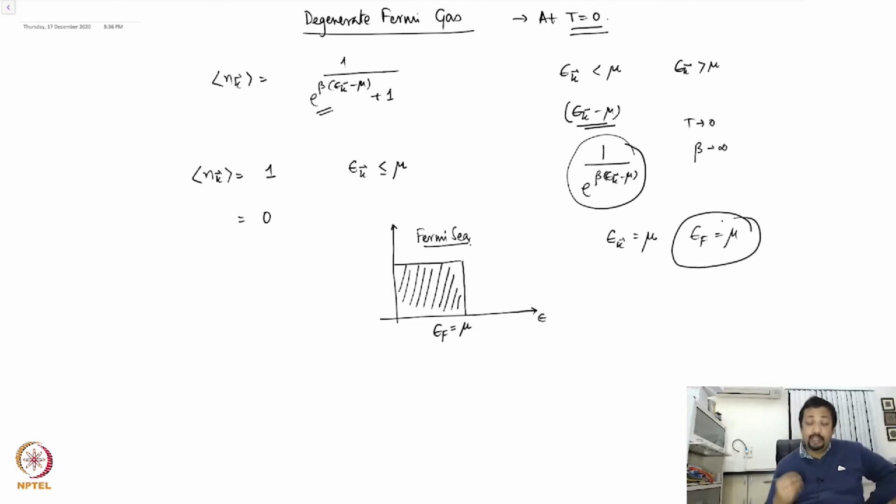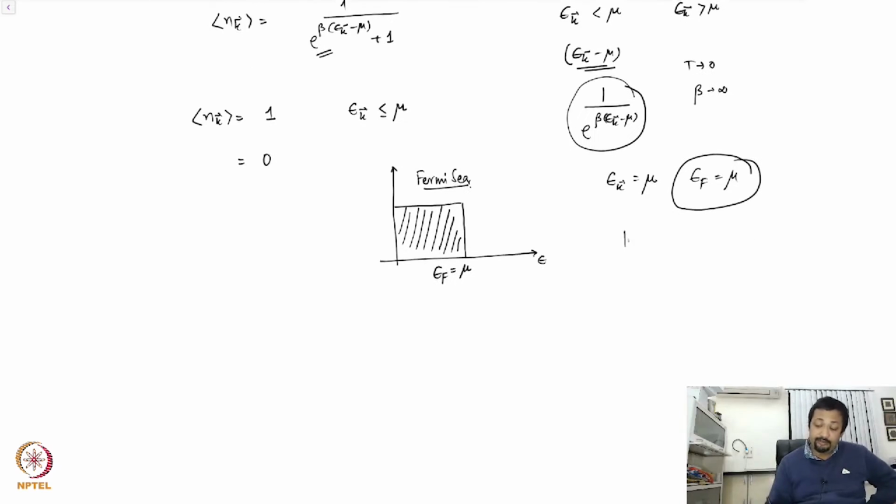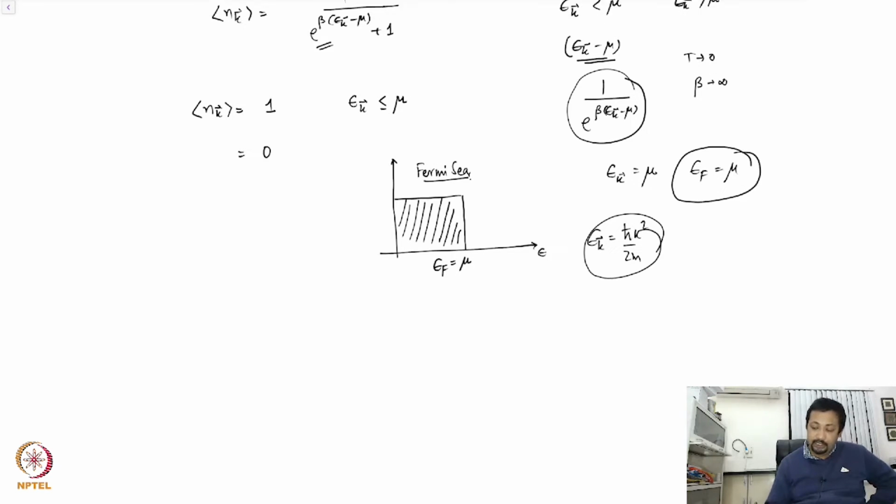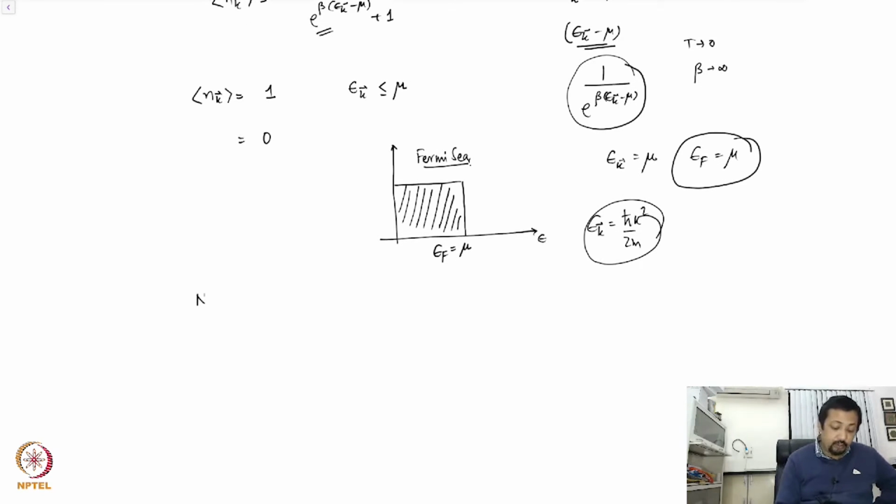Now since I am looking at an ideal gas where I have epsilon_k equal to h-bar squared k squared over twice m, I can define a Fermi wave vector. To define the Fermi wave vector, I note that the total number of particles is the sum over k of average n_k, right?